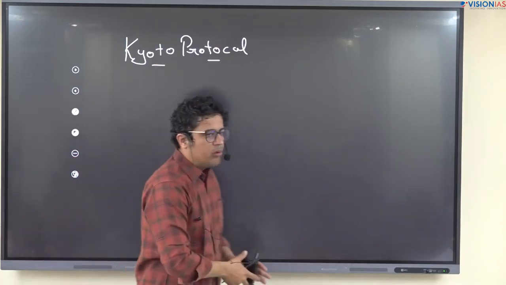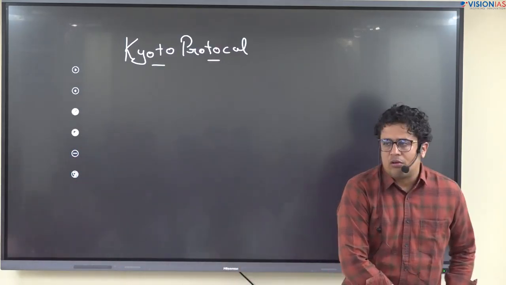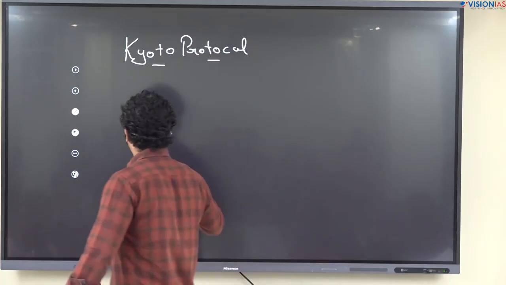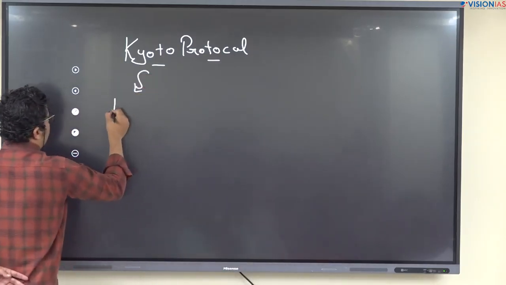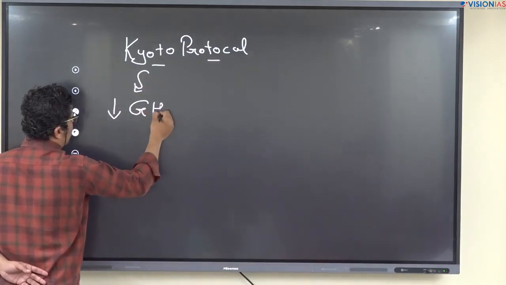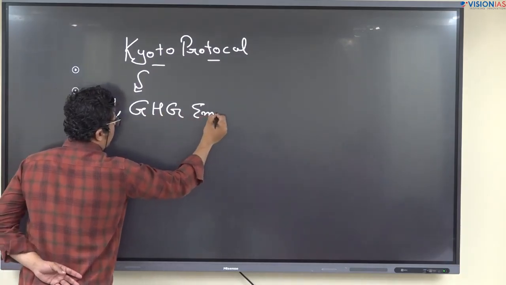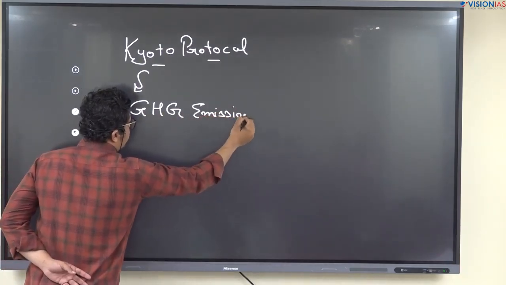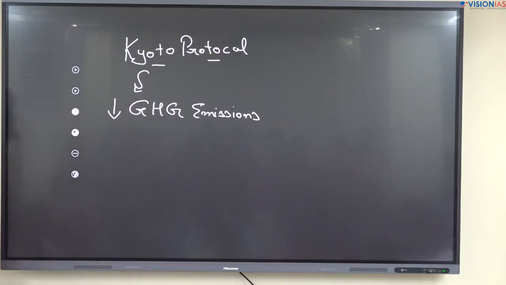Kyoto Protocol works on an objective. It has an objective to reduce GHG emissions, to bring down GHG emissions all over the world. This is why Kyoto Protocol was made.